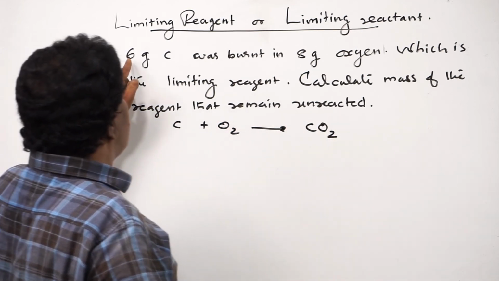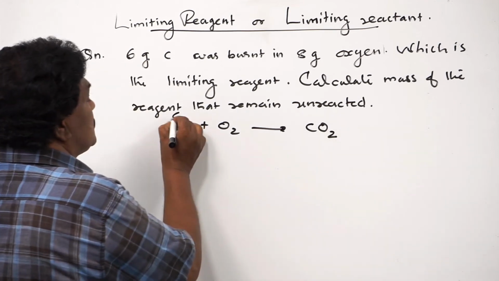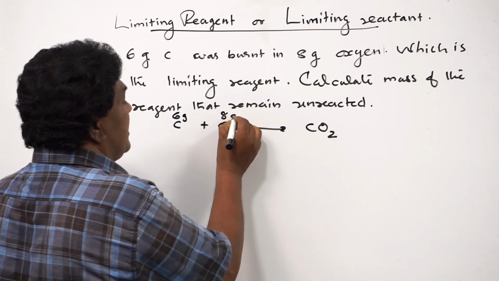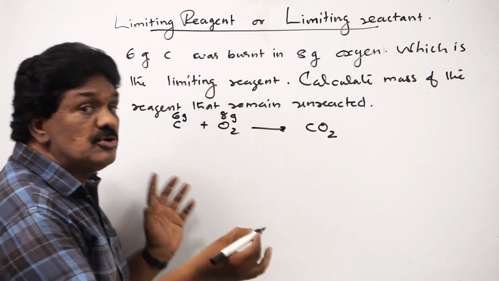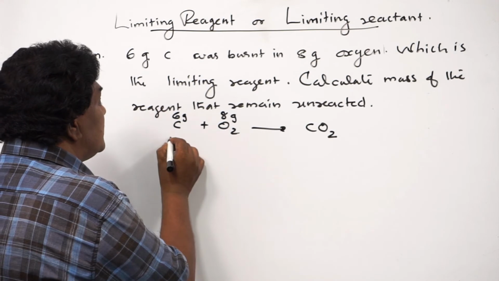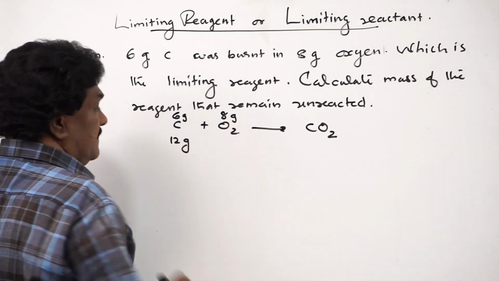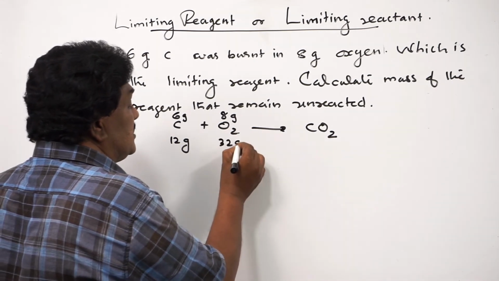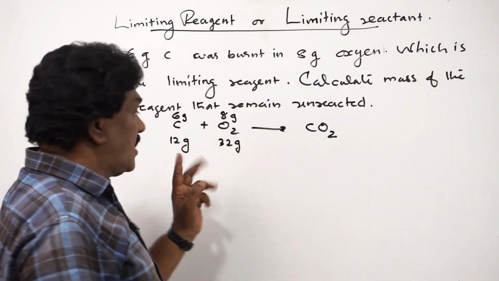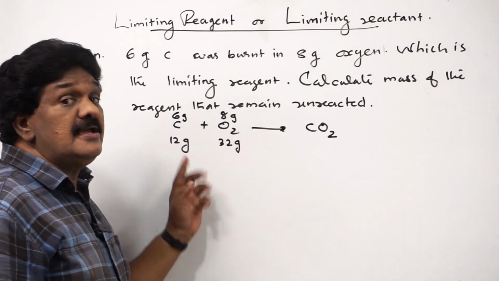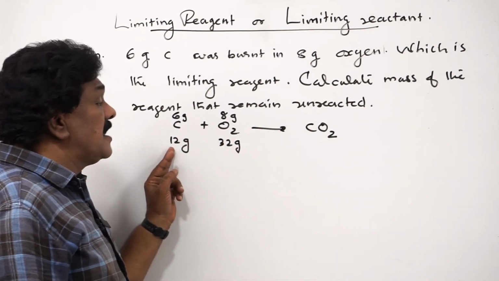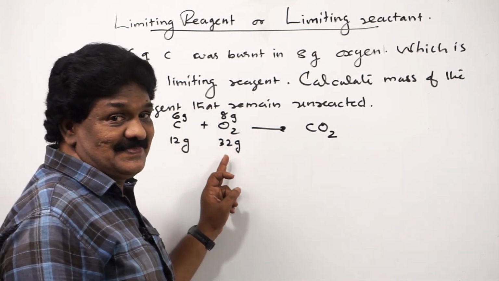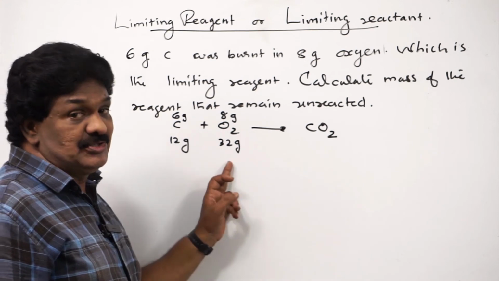We are supplied with 6 gram carbon and 8 gram oxygen. According to the stoichiometry of the equation, 12 gram carbon burns completely in 32 gram oxygen, that is 16 into 2. That is, 12 gram needs 32 grams.